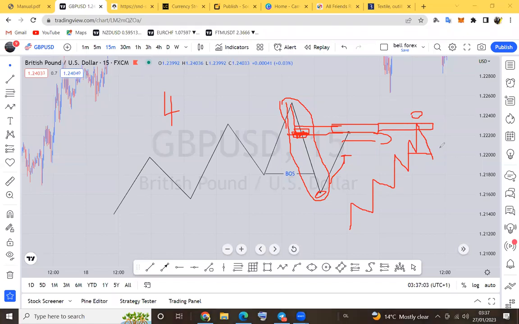You will now pay attention to confirm that truly that 4 hours point of interest can hold. But you only take your confirmation on a smaller time frame, not on the 4 hours. So what does it mean? It means that I will take this movement on the 4 hours down to a smaller time frame and do my groundwork there to confirm my analysis.